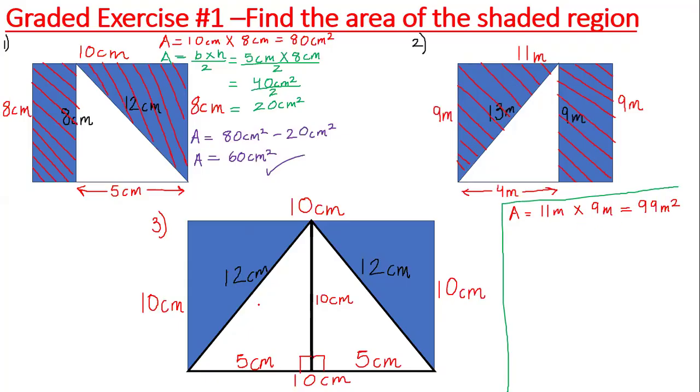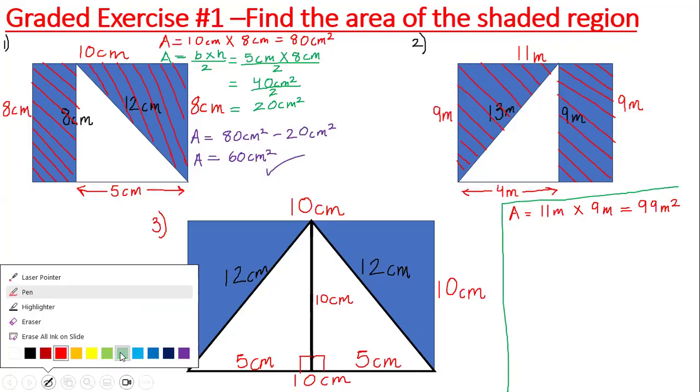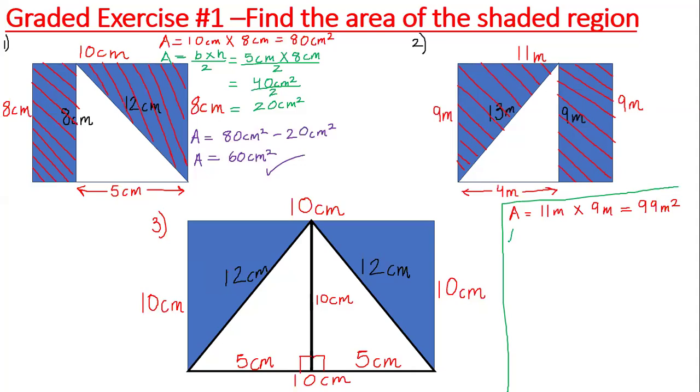Good. What else? The area of the triangle is base times height divided by 2. And the base is 4, that's the bottom, and the height is 9.